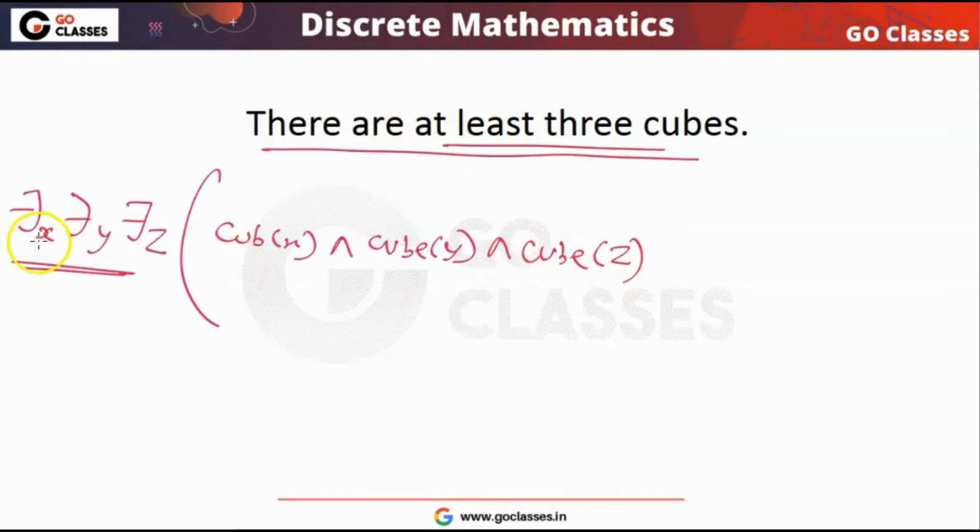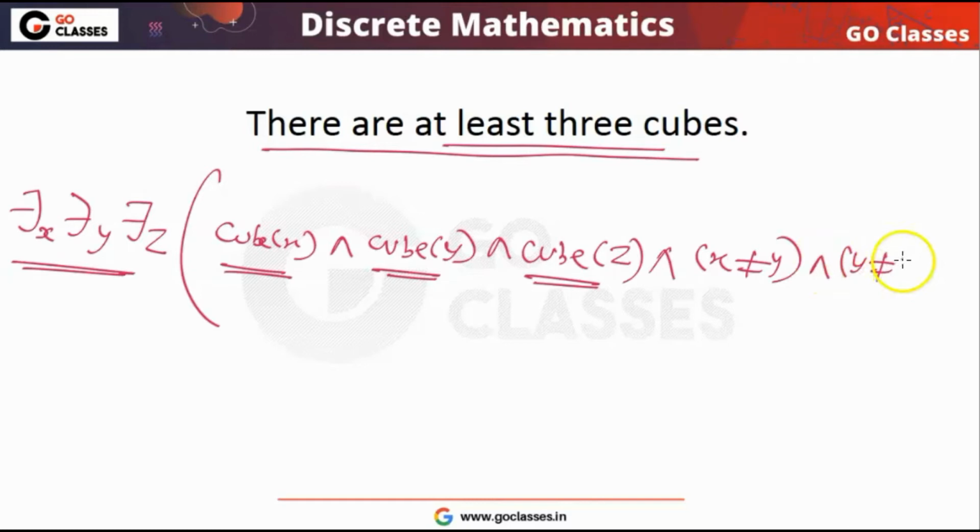And they must be different. So I can say that x is not equal to y and y is not equal to z and x is not equal to z. All these must be different. So this is the expression for there are at least 3 cubes.